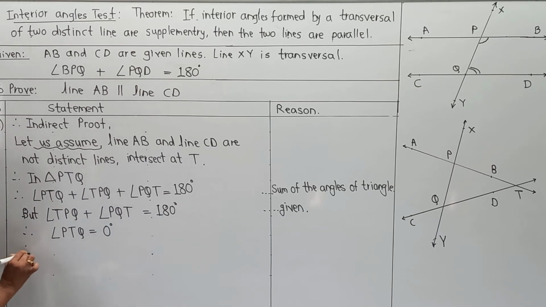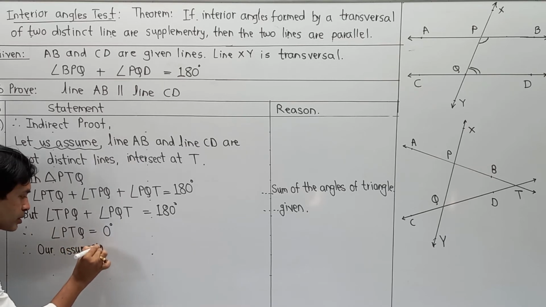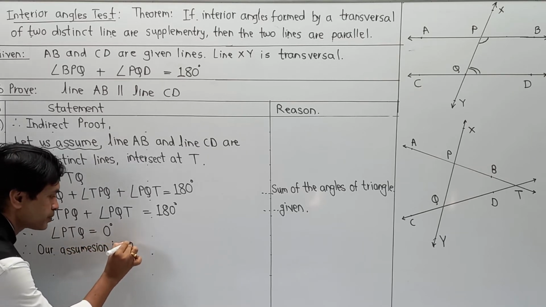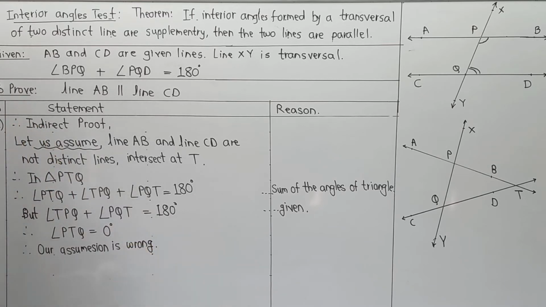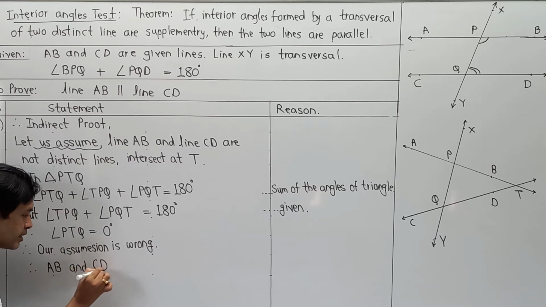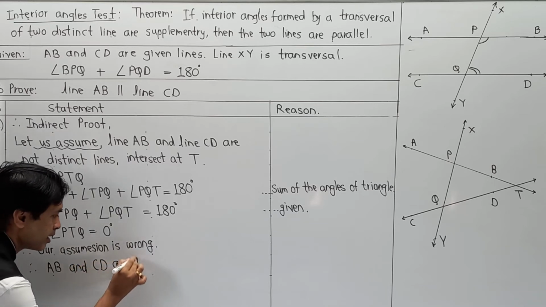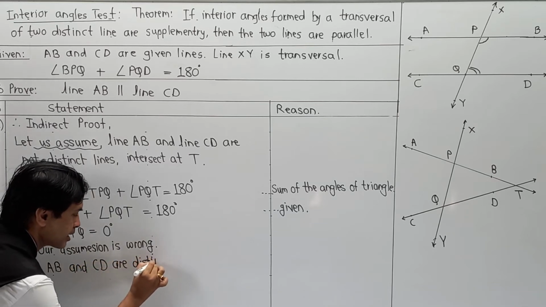Therefore our assumption is wrong. Naturally AB and CD are distinct lines.